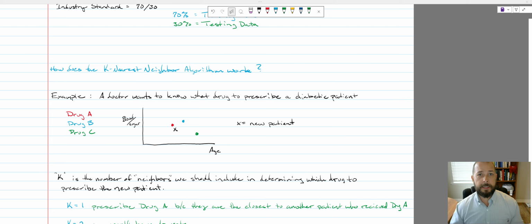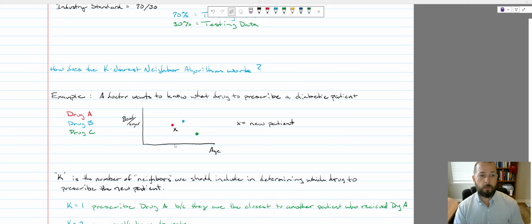And we've had a data set that we've collected on different patients at different ages and looking at their blood sugar ratio, which is a measurement for understanding how diabetes is present, and it's really used to understand what drugs you want to prescribe a patient based on their blood sugar level. So we have that data set, and we can create a simple graph here where we see that at a certain age drug A was prescribed, at a certain other age drug B was prescribed, and at an older age drug C was prescribed.